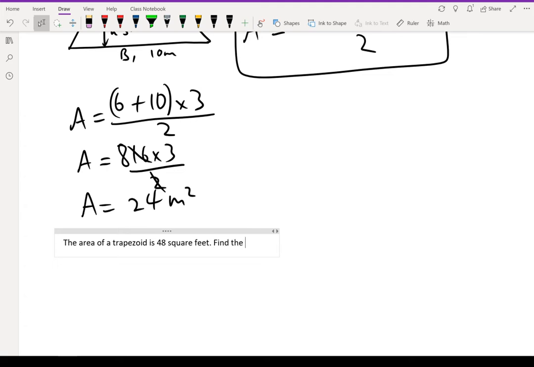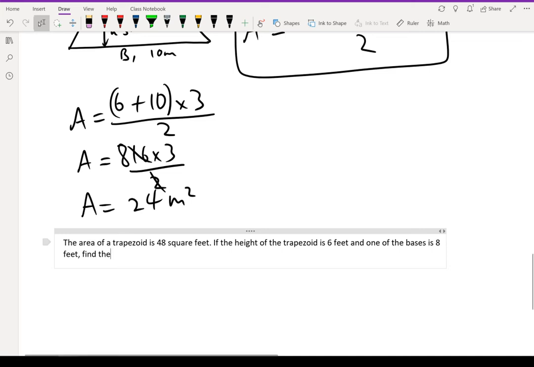If the height of the trapezoid is 6 feet, and one of the bases is 8 feet, find the... let me change that to 4 feet.